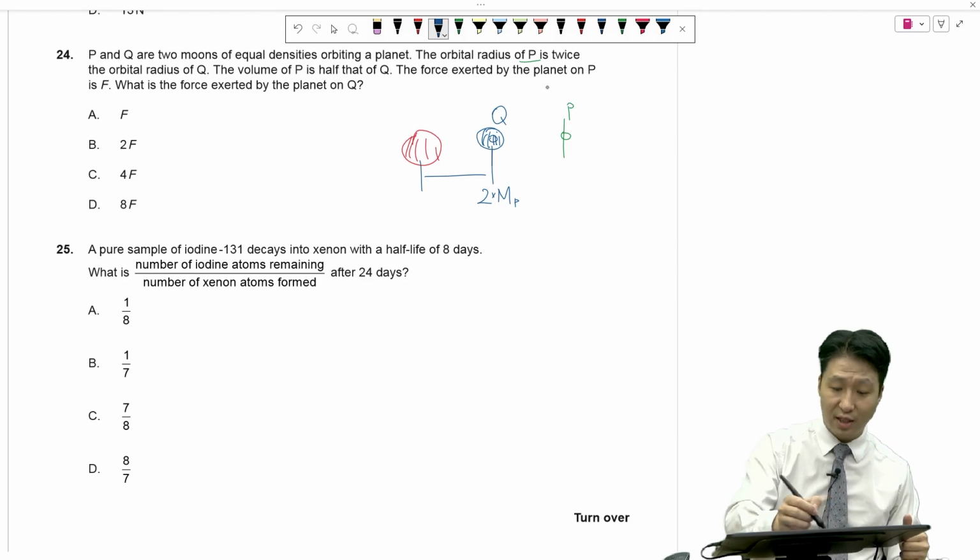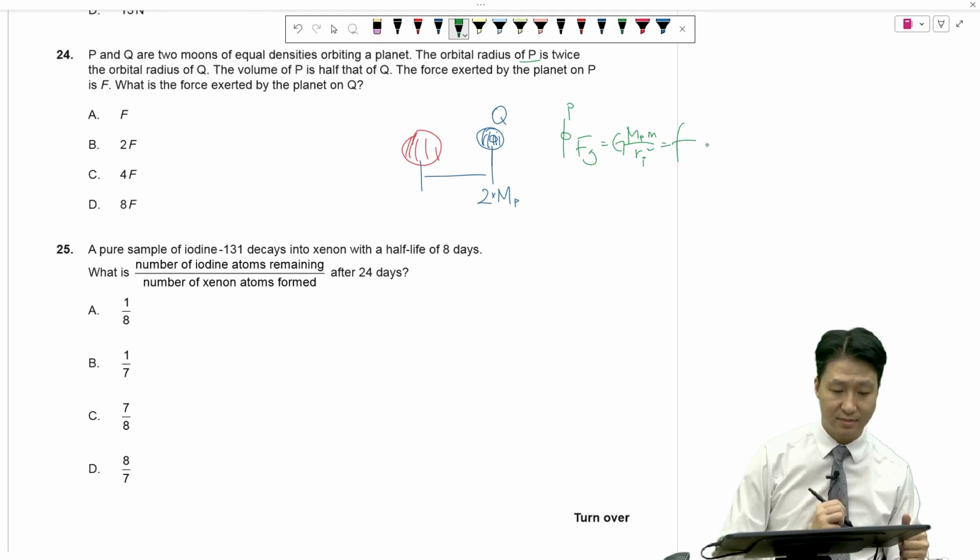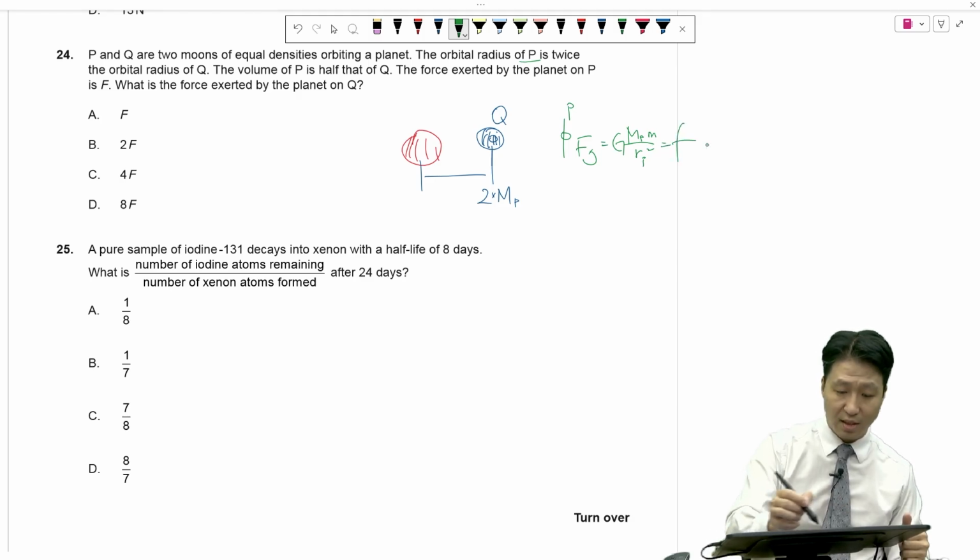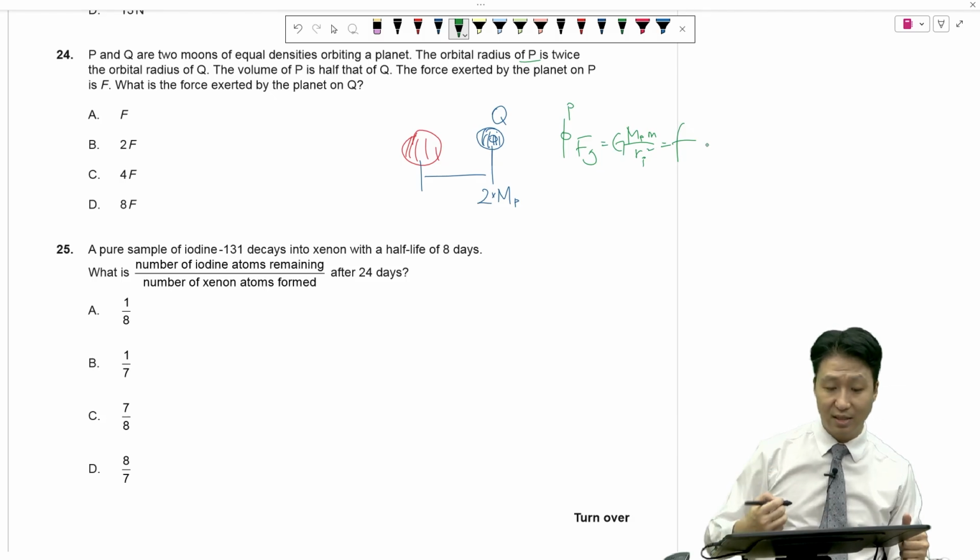The force exerted by the planet on P is F. So on P, the force of gravity is G, mass of the planet, mass of P, over distance P squared. And this is simply F. What is the force exerted on the planet by Q, or by the planet on Q?